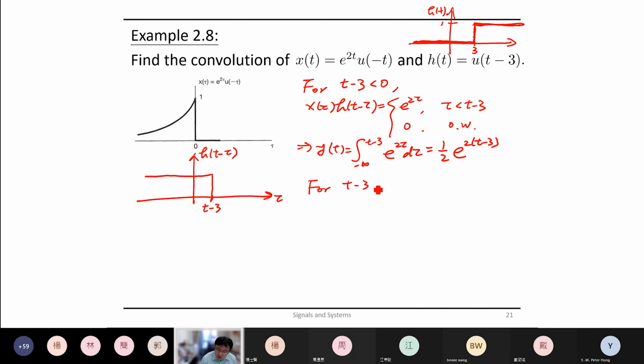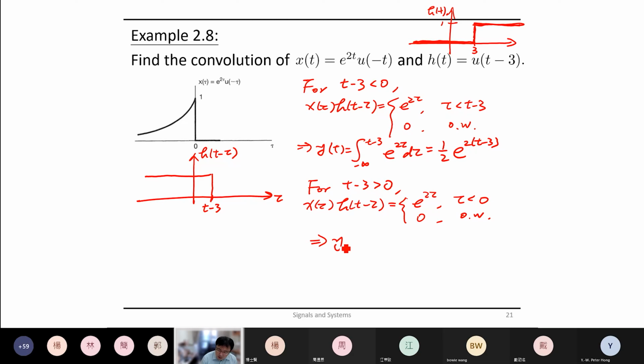Now, for t -3 that is greater than 0, right? When t -3 is in the positive axis, then the entire input signal will be included in h, and therefore you have x tau h of t minus tau equal to e to the 2 tau for any tau less than 0 and 0 otherwise.